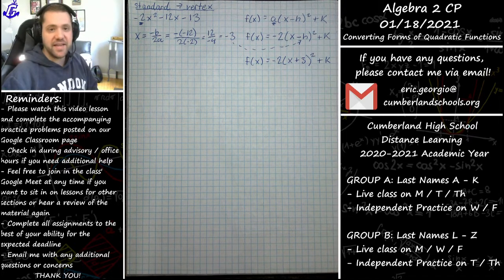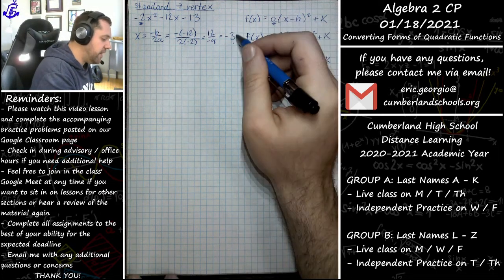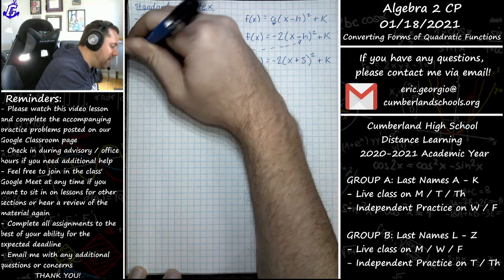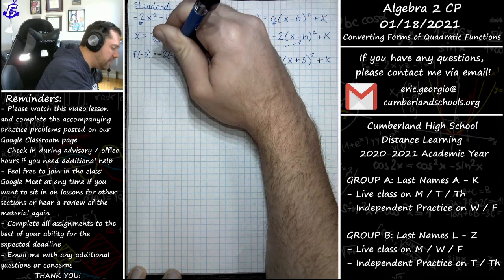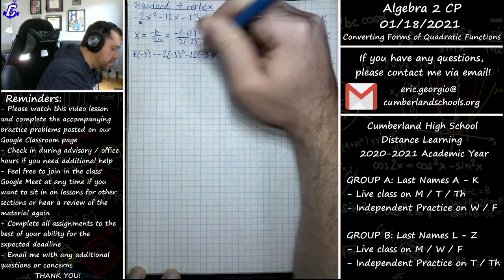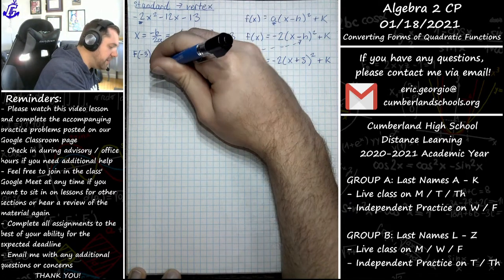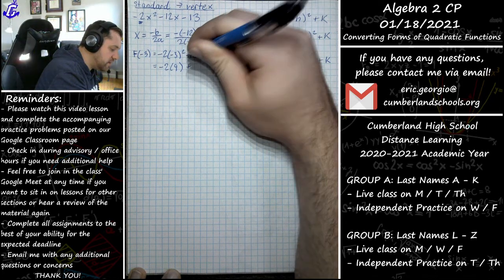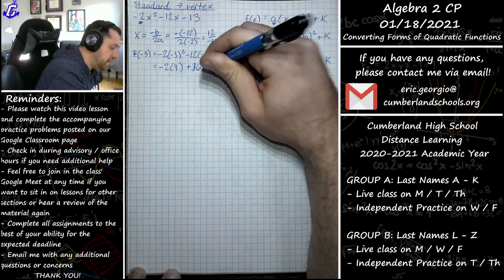And then lastly, to get that k, we just need to find the y-coordinate of the vertex. So how do we do that? We take -3, we plug it back in. We say f of -3 is -2 times (-3) squared minus 12 times -3 minus 13. So that's going to be -2 times 9 plus 36 minus 13.